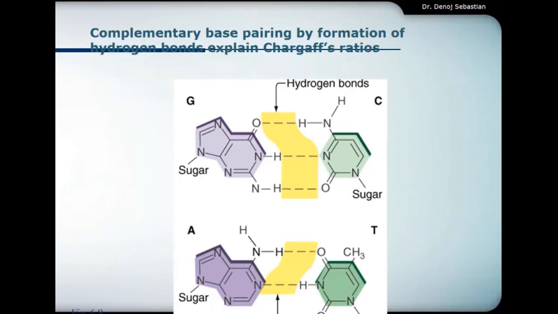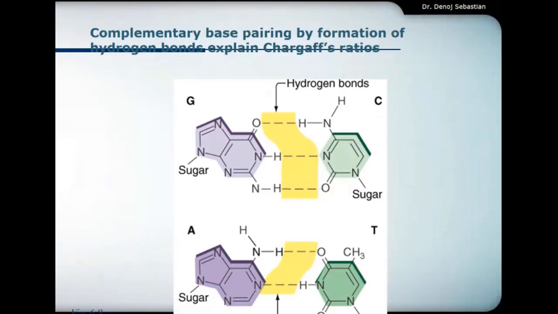Now, take this example. These are two diagrams showing the hydrogen bonding between the nucleotides. And these hydrogen bonds actually occur between the bases. You can see a GC pair, which is shown with 3 hydrogen bonds, and an AT pair with 2 hydrogen bonds, and how it occurs is already demonstrated there.